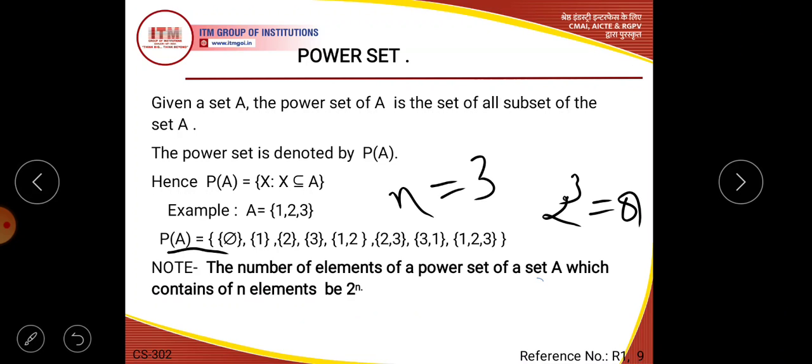So the number of possible subsets is 8. We can check that in P of A we have 8 subsets. In this way we can find how many possible subsets a given set has with the help of 2 to the power n.